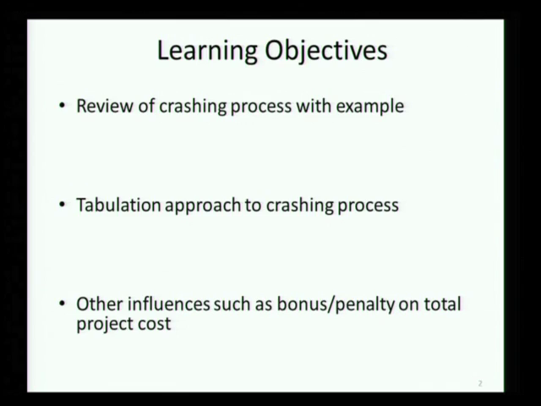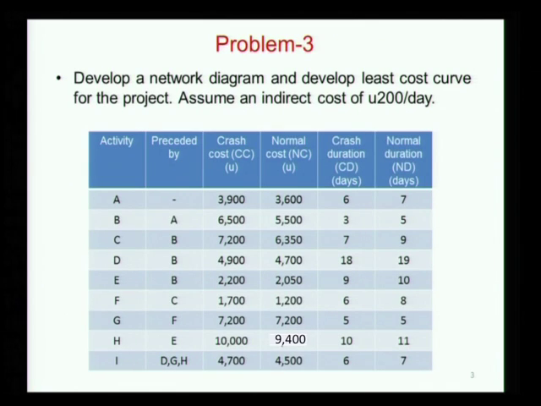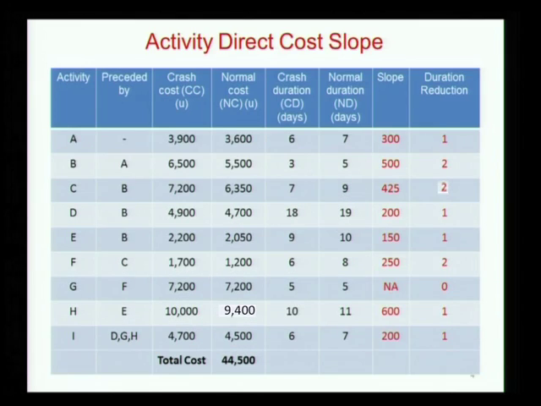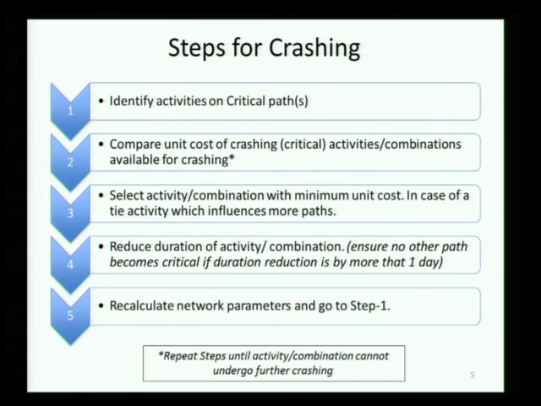So if you recall, this was a problem that was given last time. We will just go through this problem. We will first solve it by hand because we will be able to review the process through that. If you recall, the process of time cost trade off had various steps.